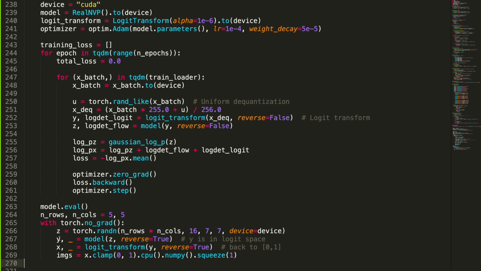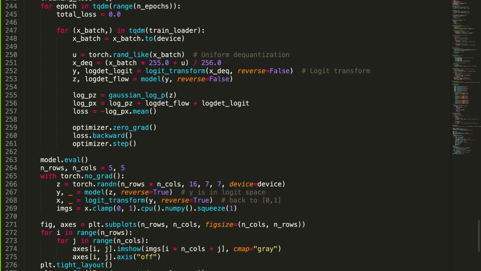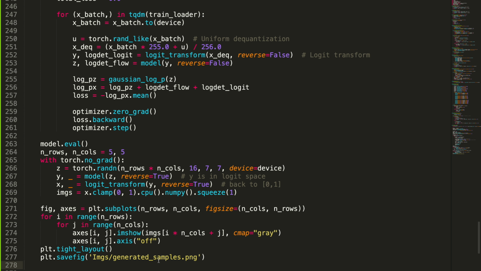So we need to feed Y to the logit transform and run it in the reverse direction, okay? So basically we go from Z to Y and then from Y to X. X is our data space, and then we can have a look at the images. Once we've created our images, we can plot them. We can create a subplot of 5 by 5 images and then plot each image at a time.